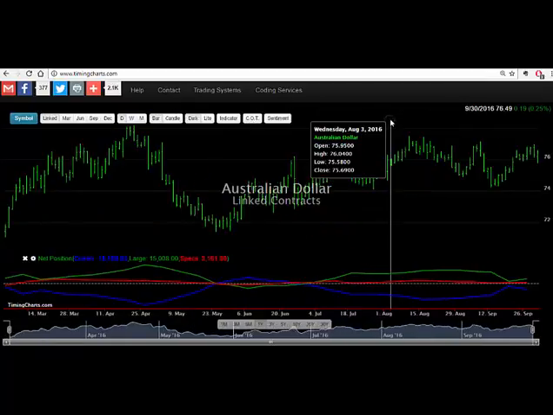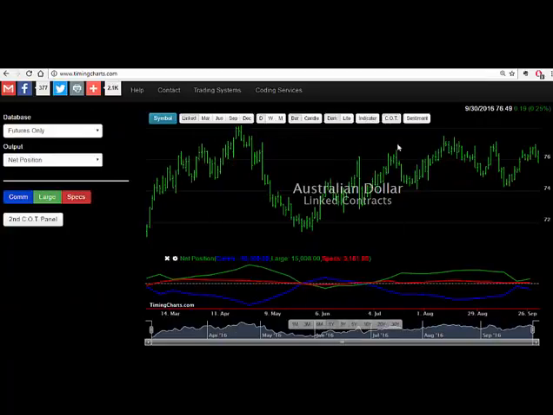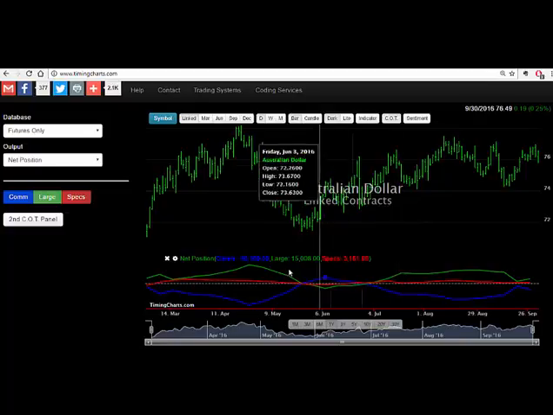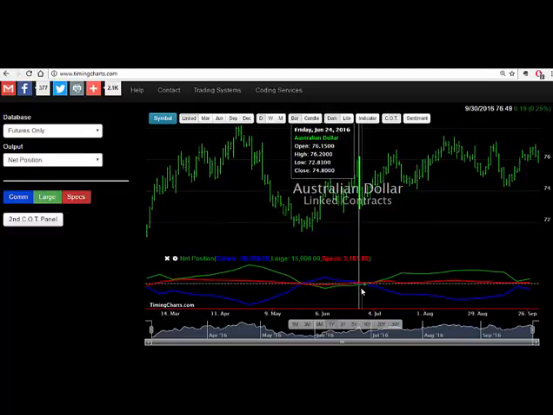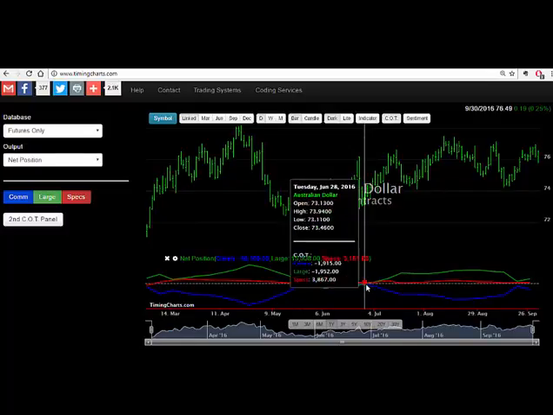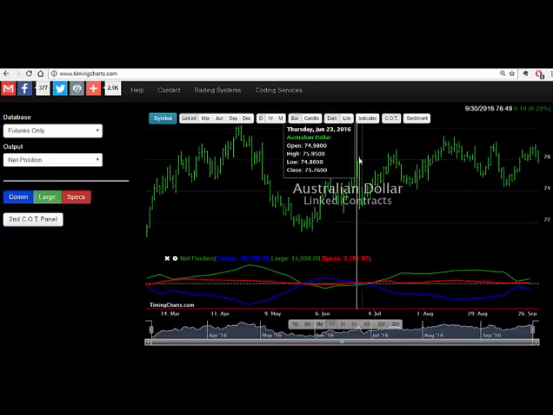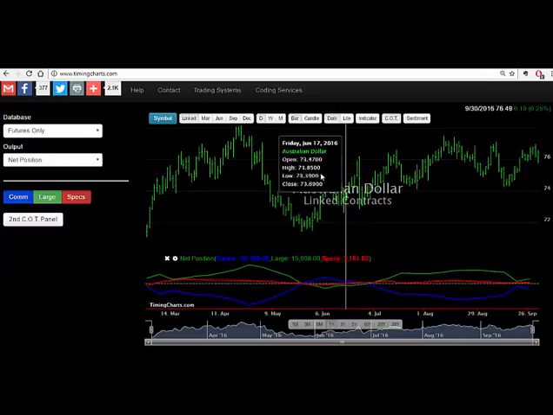I want to push the button COT. So what do I have here? I have here three lines: green, blue, and red. And also I want to see what was happening on the day June 24th. June 24th, yeah, right here. We had a reference point on June 24th, right?